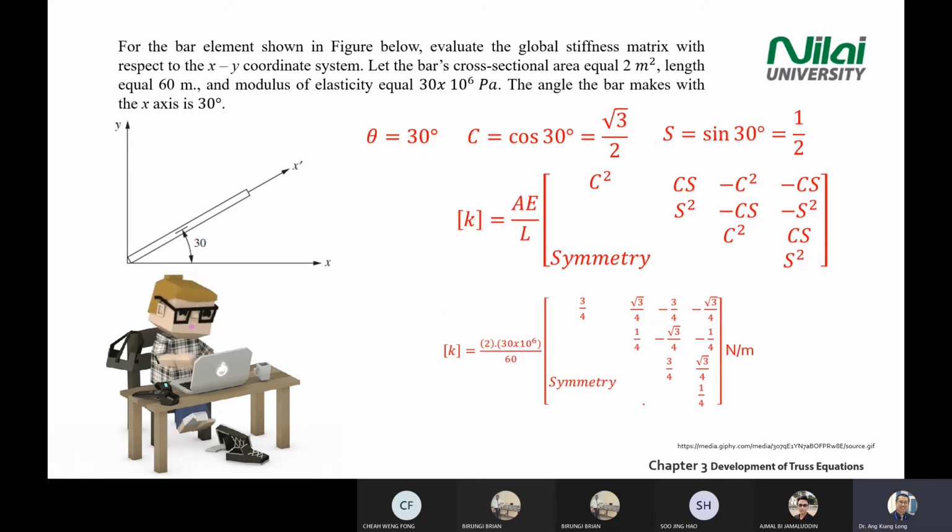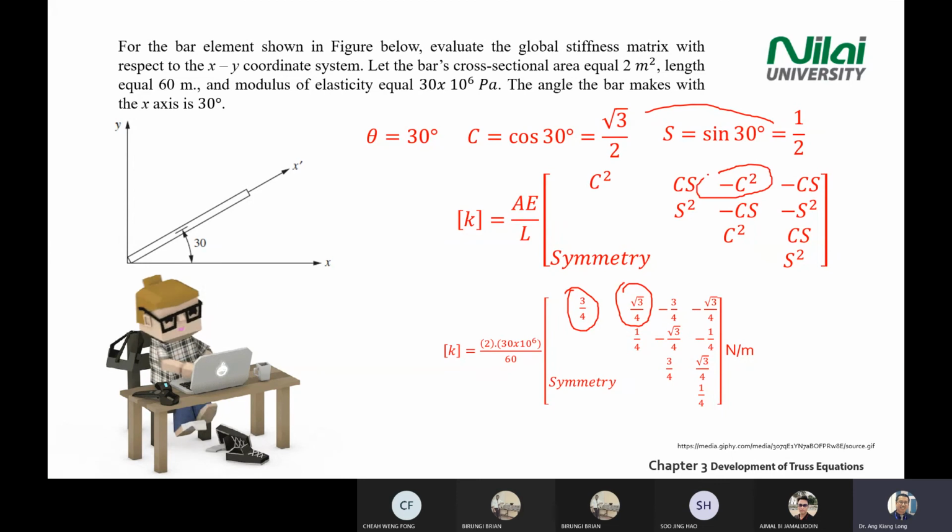The rest is just your calculator. So for example, C square, you take this one, you square this one, you get 3 divided by 4. You get this value. CS, you take this one times this one, you get square root 3 divided by 4. I'll explain one more. You get this one. This is the area where students make mistakes. Students normally forget to bring the negative sign.